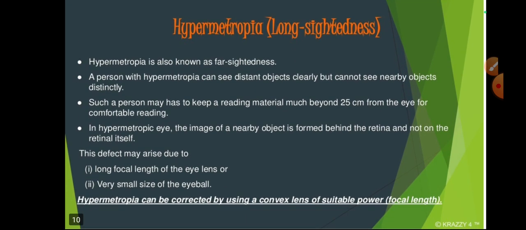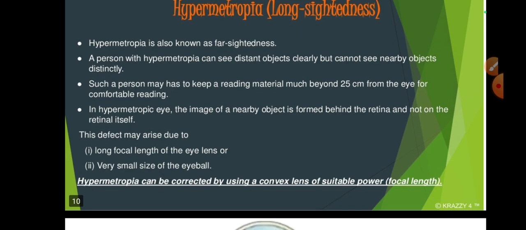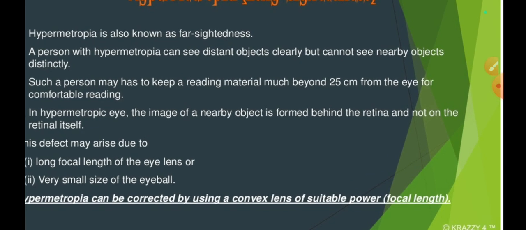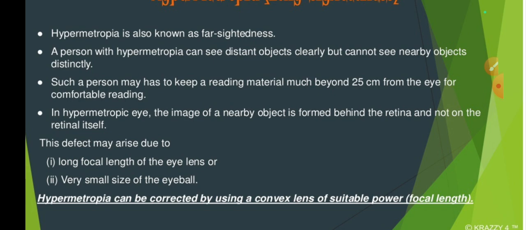Then hypermetropia, long-sightedness. Hypermetropia is also known as farsightedness. A person with hypermetropia can see distant objects clearly but cannot see nearby objects distinctly. Such a person has to keep reading material much beyond 25 centimeters from the eye for comfortable reading.